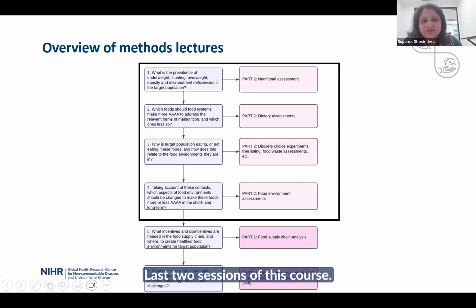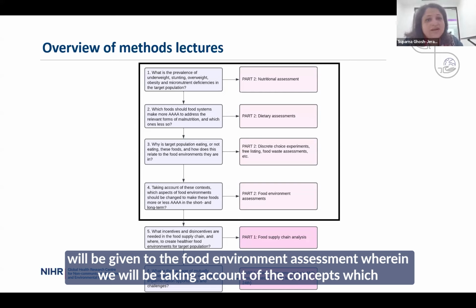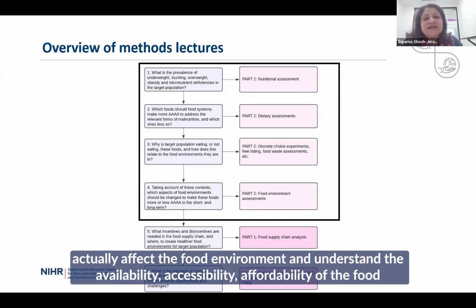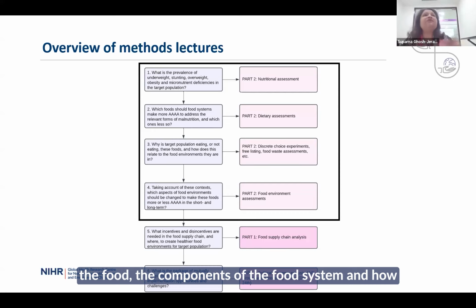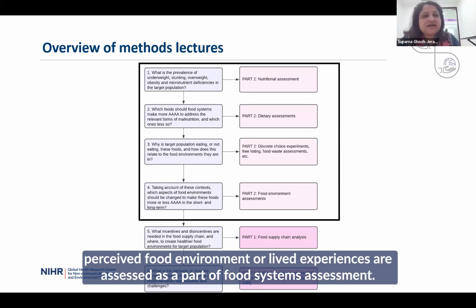But what I'm trying to cover today is a lot, but a primary focus will be given to the food environment assessment, wherein we will be taking account of the concepts which actually affect the food environment and understand the availability, accessibility, affordability of the components of the food system, and how external food environment is assessed, as well as perceived food environment or lived experiences are assessed as a part of food systems assessment.